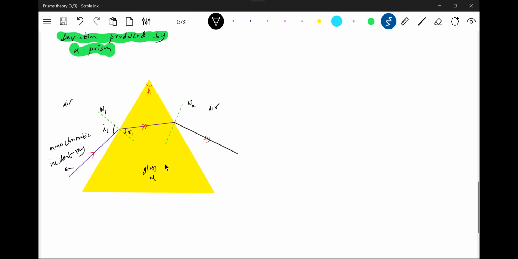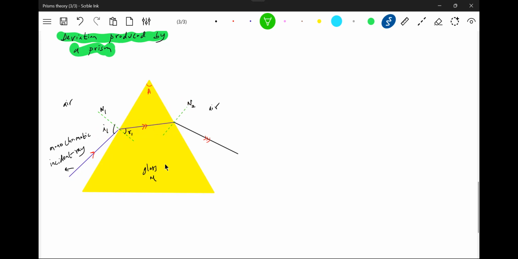So the incident ray will meet this boundary, and this will become the normal. The angle between normal and incident ray will be the angle of incidence I1. This will be the refracting angle. As the ray moves from rarer to denser, it should bend towards the normal. As the ray traverses a path, it will encounter one more boundary. Now this will become the normal for this particular surface.